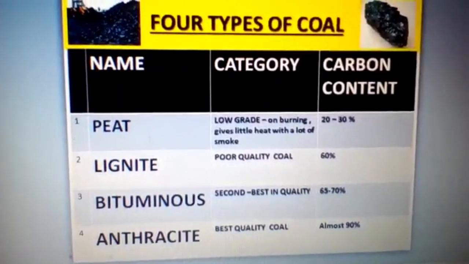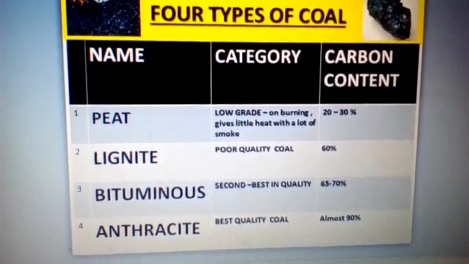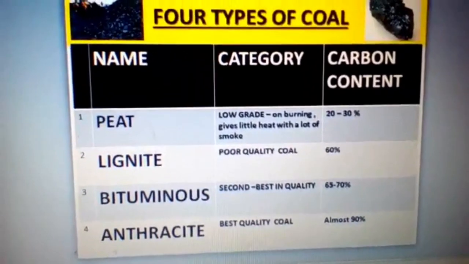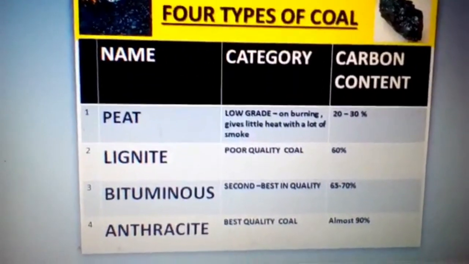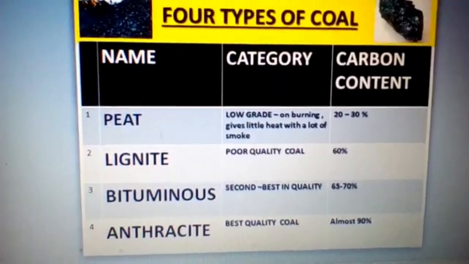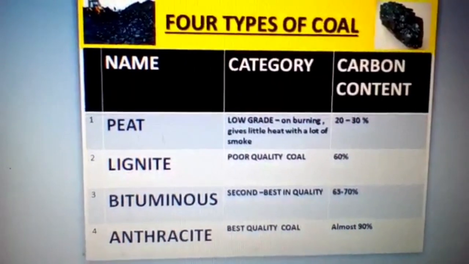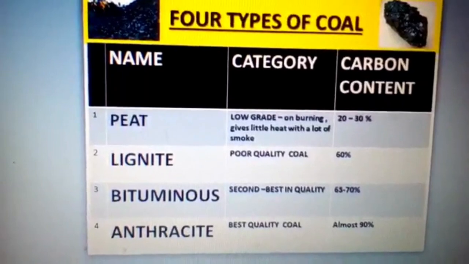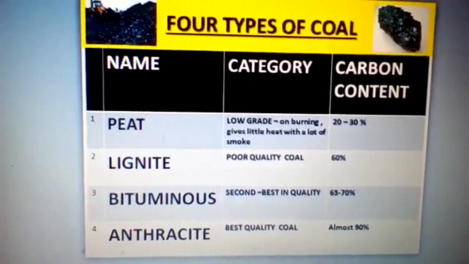It is going to make the coal burn for a longer period of time. Therefore, more heat energy will be released from it. The less the carbon content, the lesser time it will ignite itself, and the lesser energy will be released. Therefore, these are the categories and the carbon content of the types of coal.